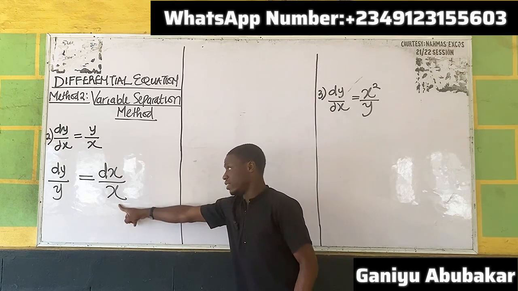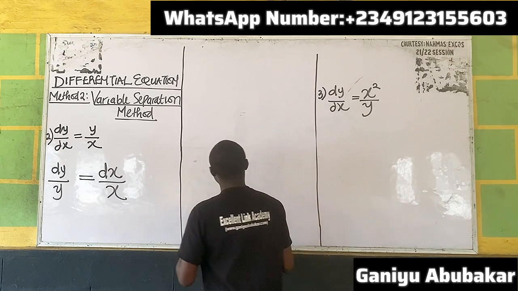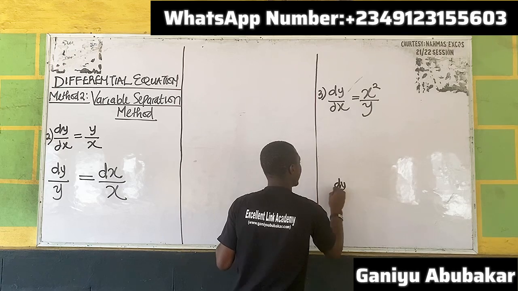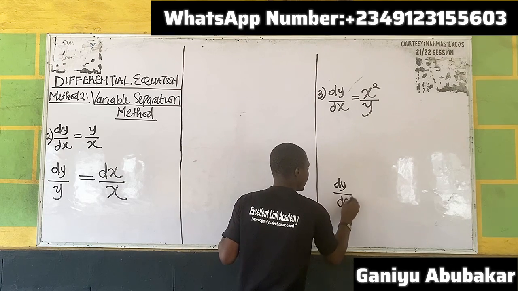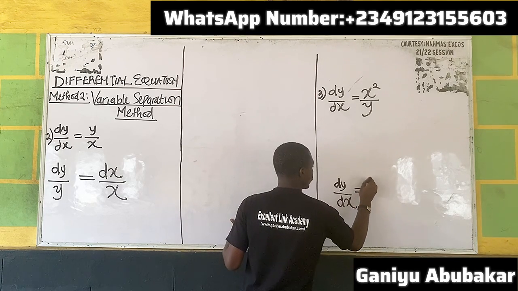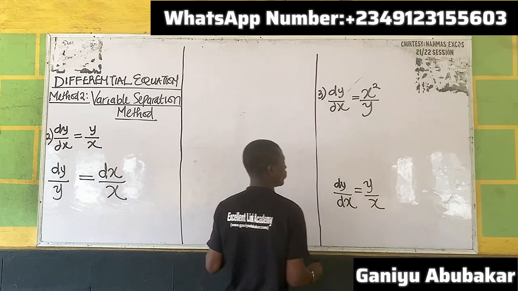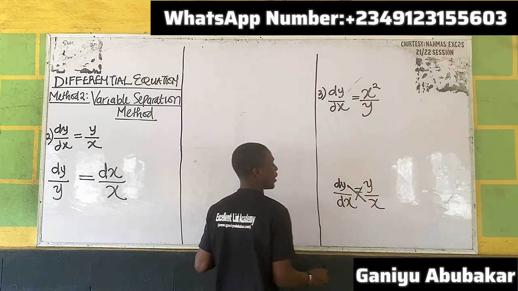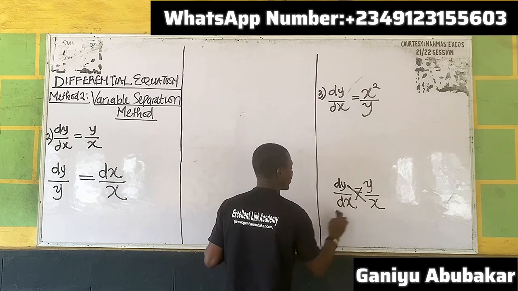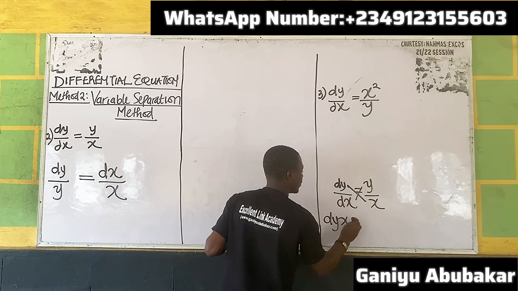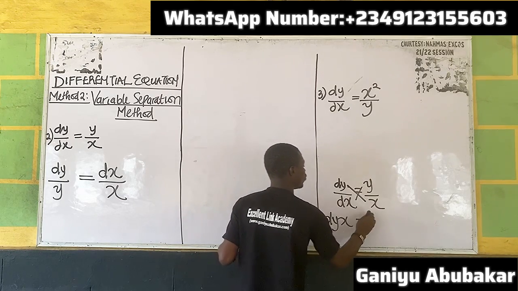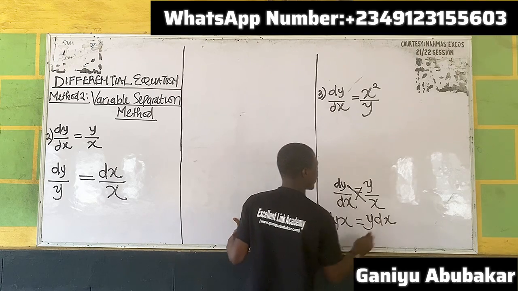The way I got this, let me show you again. I was having dy over dx to be equal to y over x. We said, multiply. The y times dx gives you y dx, equal to x times dy gives you x dy.